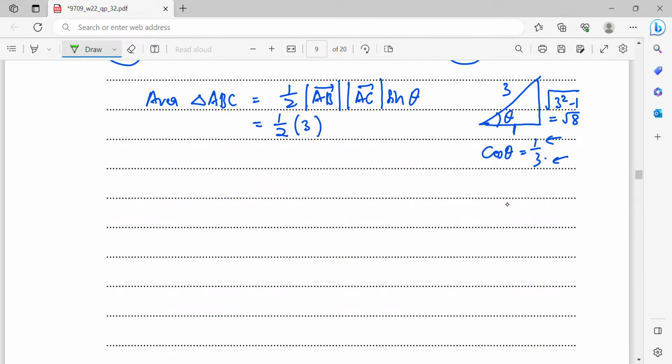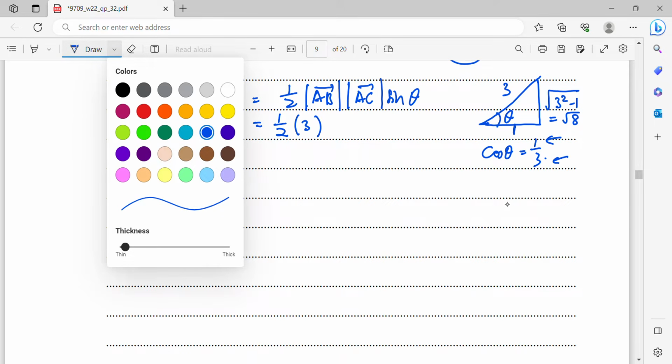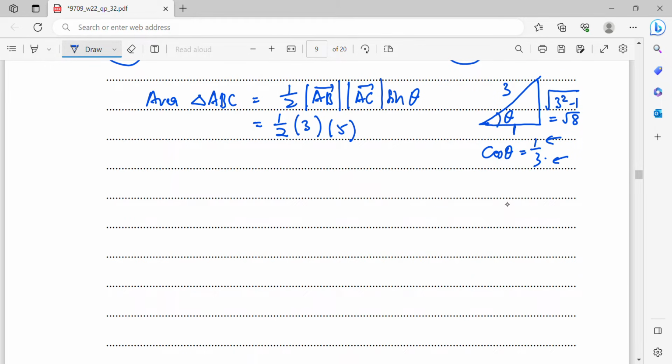So here is going to be 5. Sine theta from this triangle is opposite over hypotenuse, which means it's square root 8 over 3. So square root 8 over 3. So now the 3 will be cancelled off. Okay, and simplify. So half times 5.